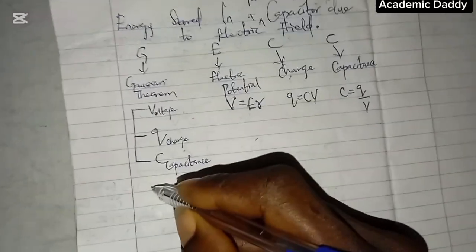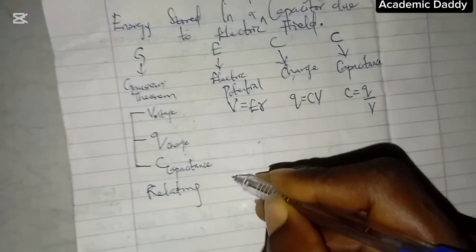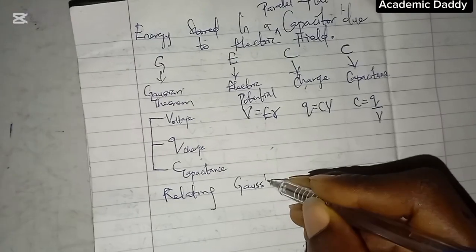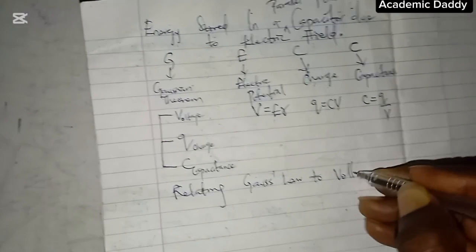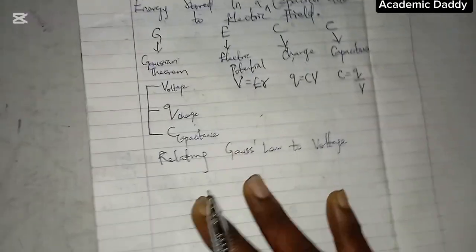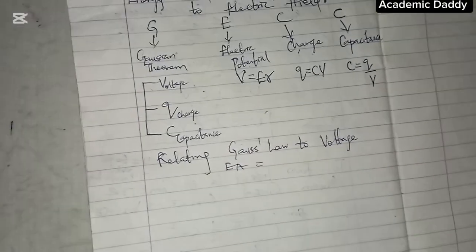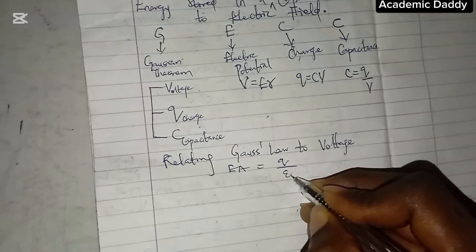So now, relating Gauss law to voltage, I have first of all EA equals Q over E naught.